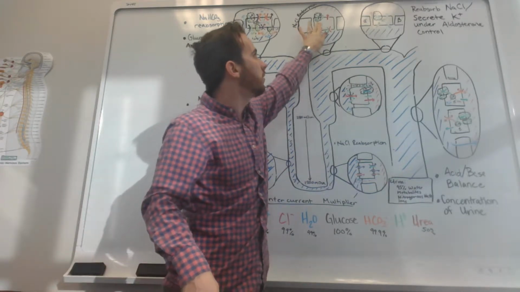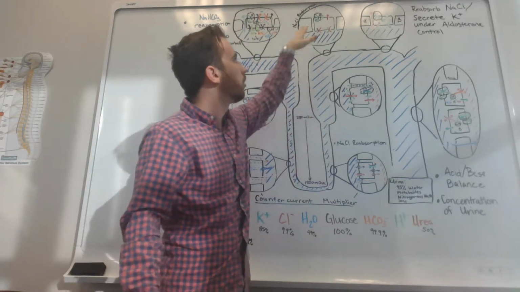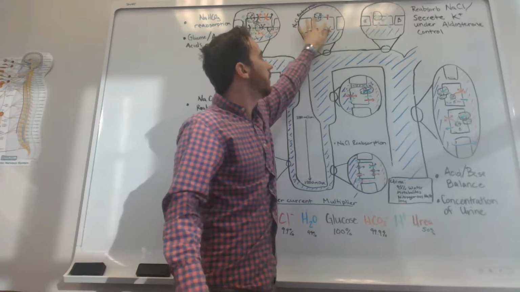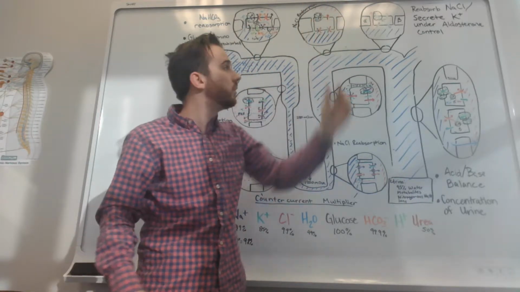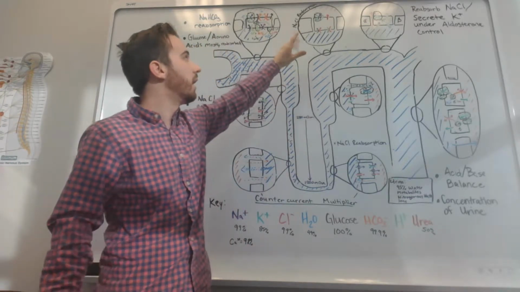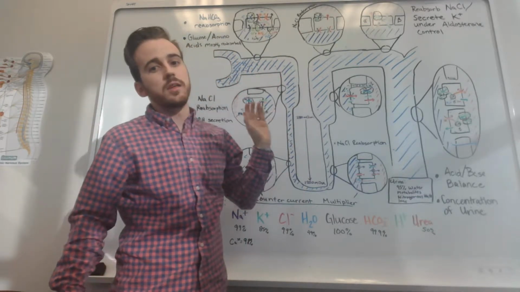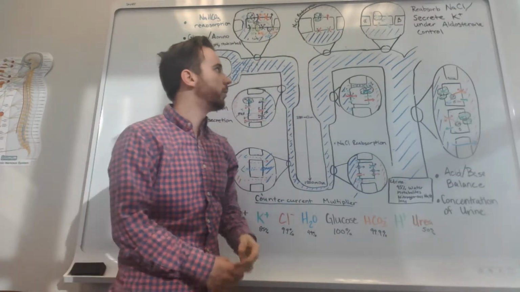So it will want to move down its concentration gradient, and it will be coupled with chloride. Okay, so chloride is going to move in, and then chloride has a channel that allows it to move out into the interstitial space and the plasma, and then we'll have sodium following. So we'll get sodium chloride reabsorption there.